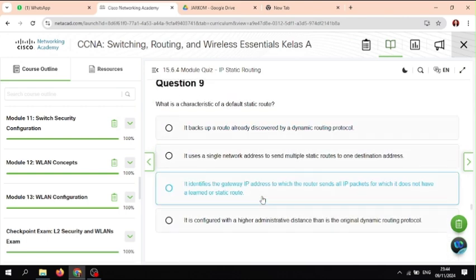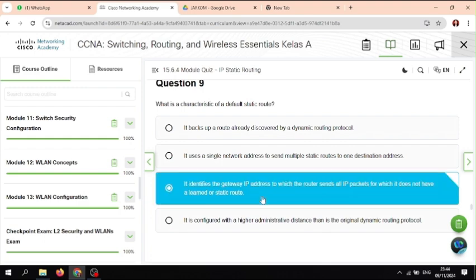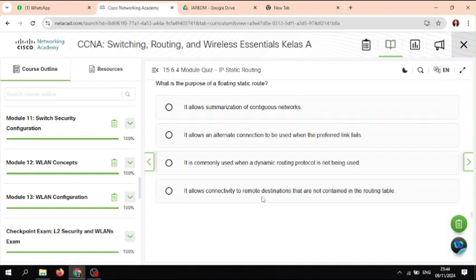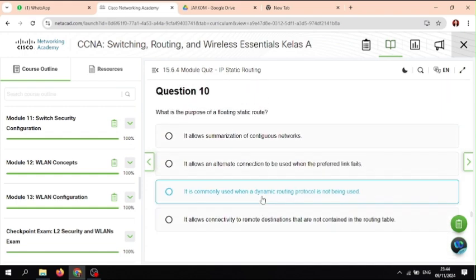Next, which command would create a valid IPv6 default route? What is the characteristic of a default static route? It identifies the gateway IP address to which the router sends all IP packets for which it does not have a learned or static route. Next, what is the purpose of a floating static route?